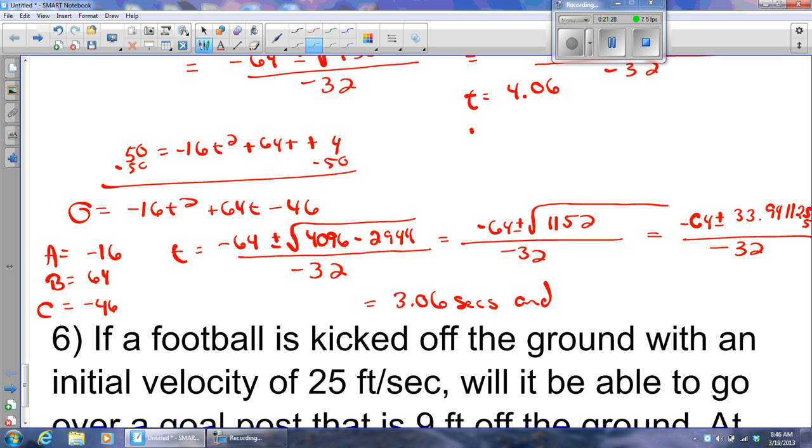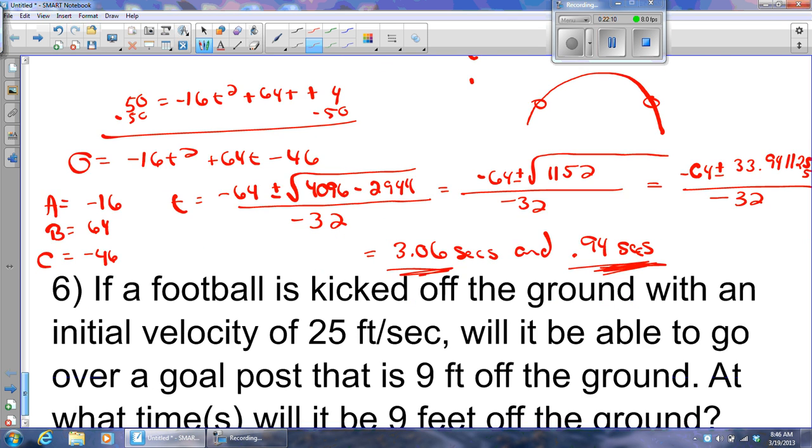And then the other time it reaches 50 feet will be about 0.94 seconds. So obviously this one here is on the way up and this one's on the way down. The ball is going to do something like that, and it's going to hit 50 feet here and it's going to hit 50 feet here.